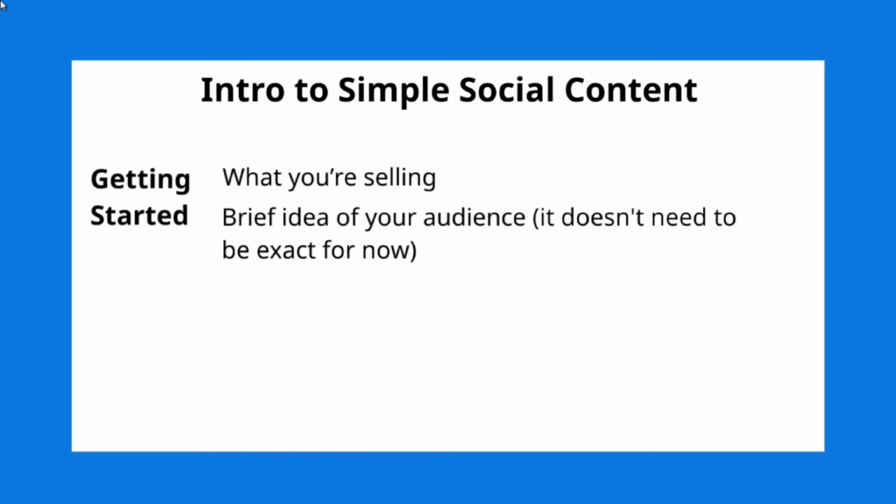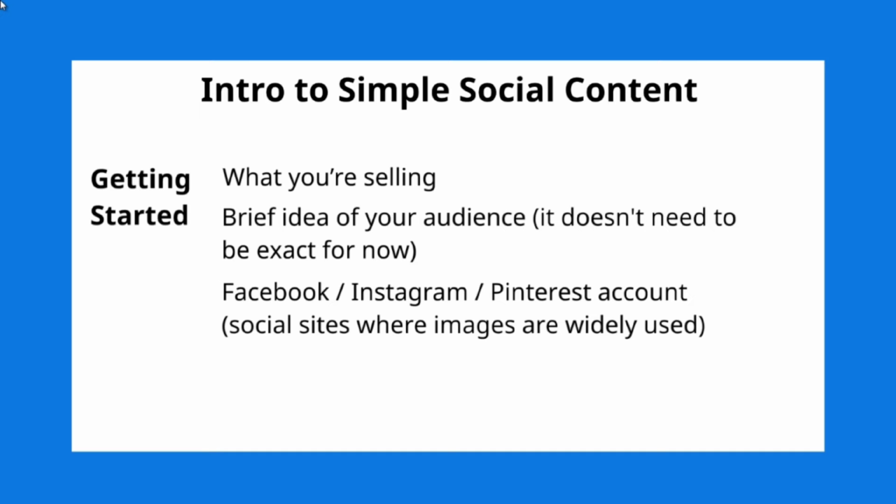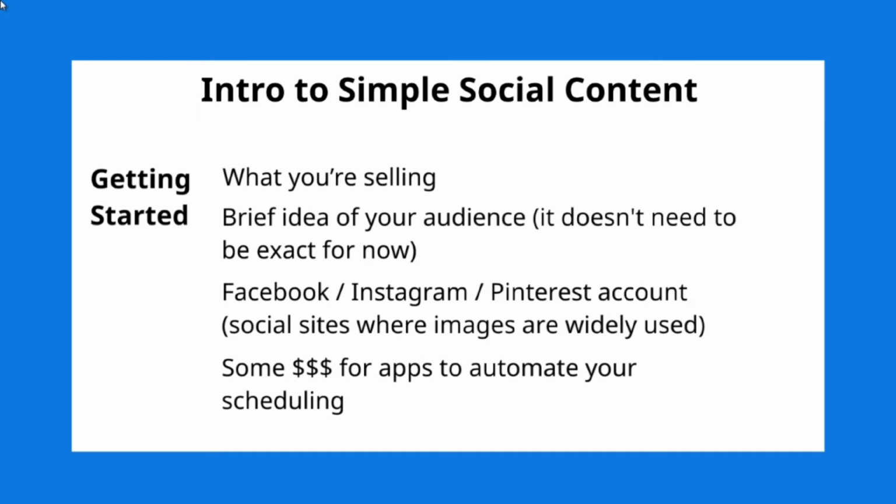And Pinterest as well. You also need to have a brief idea of your audience. It doesn't need to be exact for now. We'll clarify that, but have a brief idea. Start painting a picture of what your audience looks like. And we talked about social sites. And of course, you'll need some money for apps to automate your scheduling. And of course, if you're low on money, you can definitely post the images and content yourself without scheduling them.